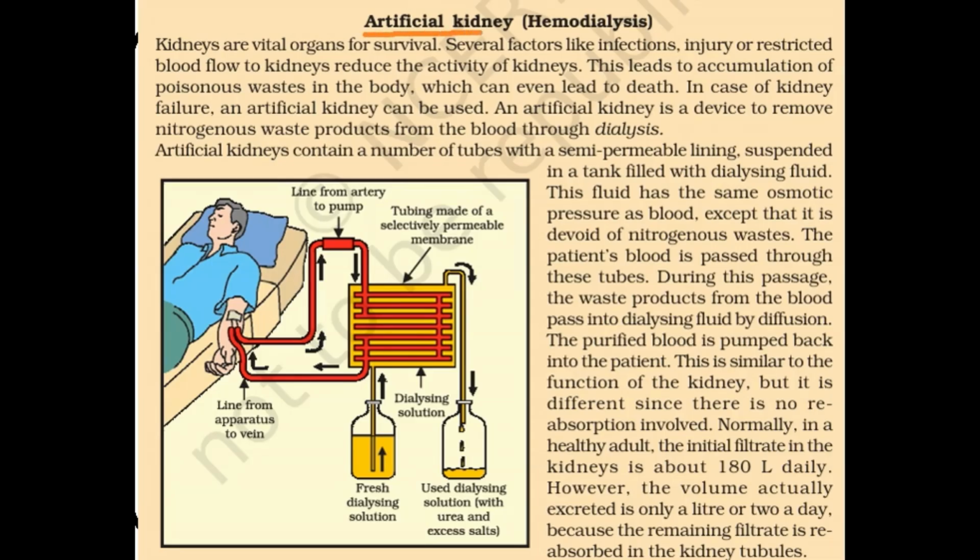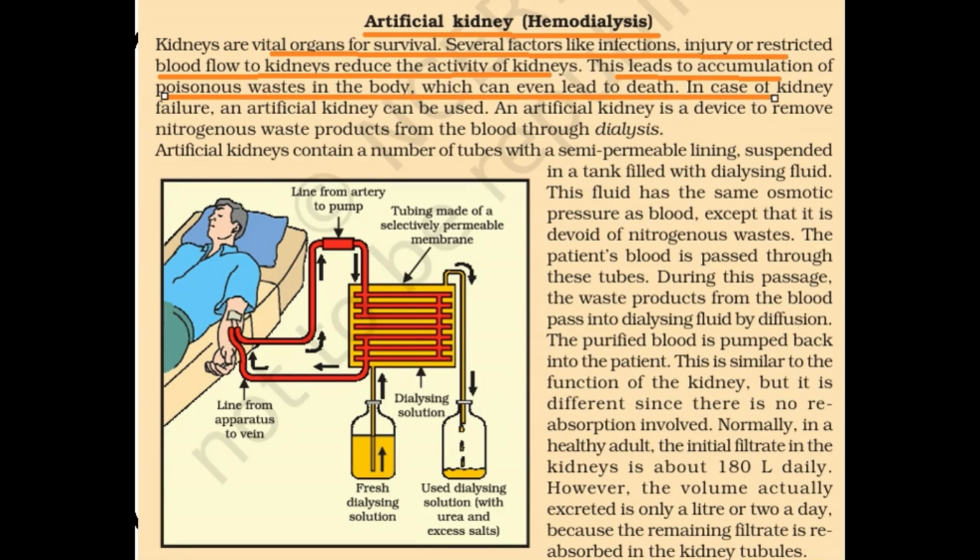Now this is about artificial kidney, also called hemodialysis. So kidneys are vital organs for survival. Several factors like infections, injury, or restricted blood flow to kidneys reduce the activity of kidneys. This leads to accumulation of poisonous waste in the body, which can even lead to death.